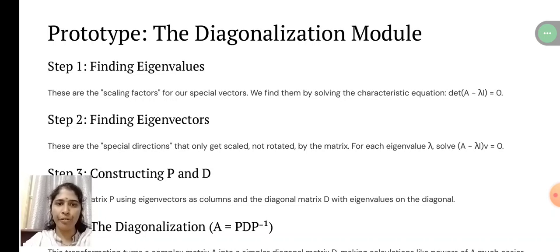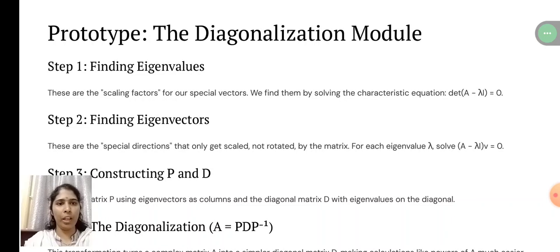First we find A minus lambda I. After that, taking the determinant gives an equation of order 2 for a 2 by 2 matrix and order 3 for a 3 by 3 matrix. Next, we find the roots of that. The lambda values give the eigenvalues. If we have a 2 by 2 matrix, we have 2 eigenvalues. When we have a 3 by 3 matrix, we have 3 eigenvalues.